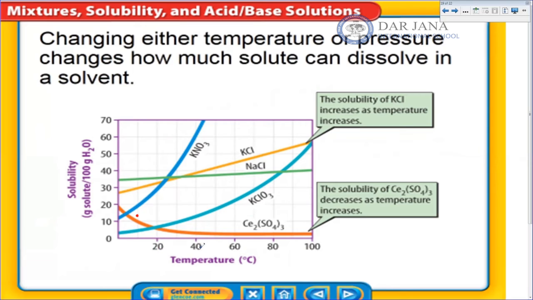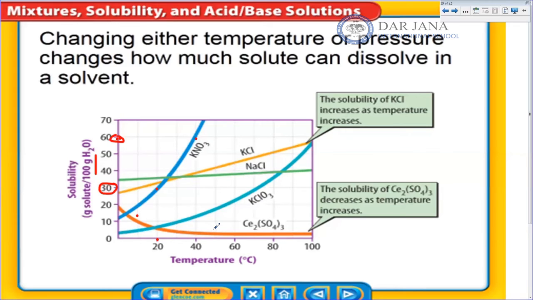The temperature is increasing: 20, 40, 60, etc. If we take the first curve, the blue one, KNO3: at 20 degrees Celsius the solubility is 30 grams in 100 grams of water, while at 40 degrees Celsius the solubility is 60 grams per 100 grams of water. So, in conclusion, as the temperature increases, the solubility of KNO3 increases.